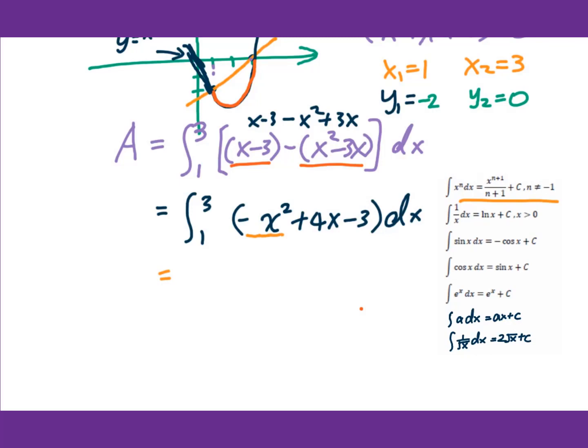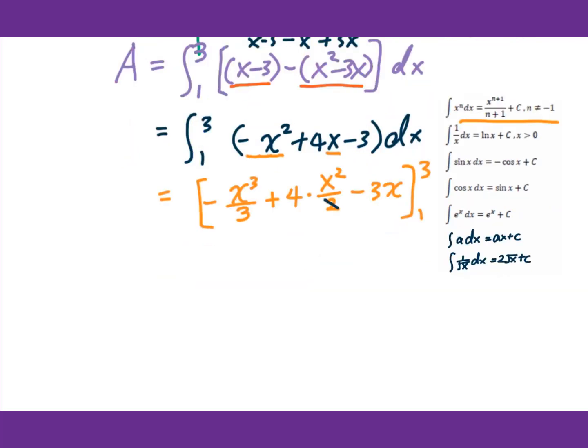For negative x squared, that is negative x to the third power over 3, plus 4 times x squared over 2, minus 3x. Then we evaluate from 1 to 3.